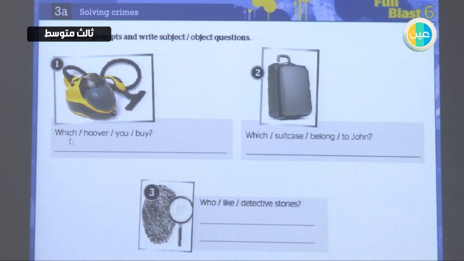So we're going to form a question, either a subject or an object question, using those prompts. So we put the WH word at the beginning. Hoover is in the second place. Then we use an auxiliary plus the verb. Which Hoover did you buy? Because we're asking about an object here.